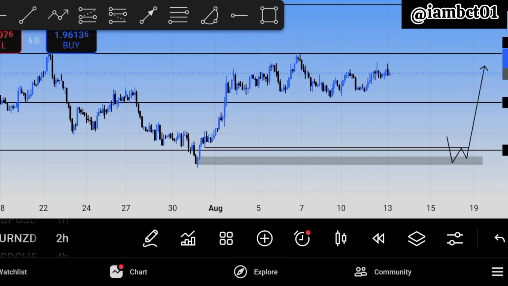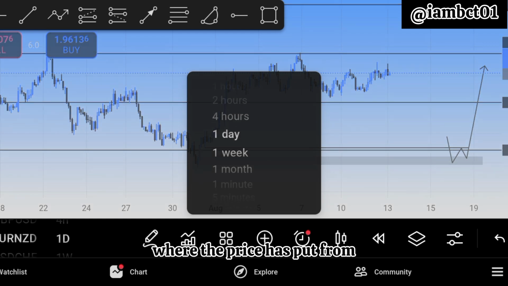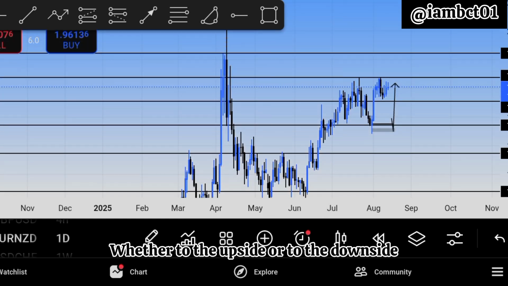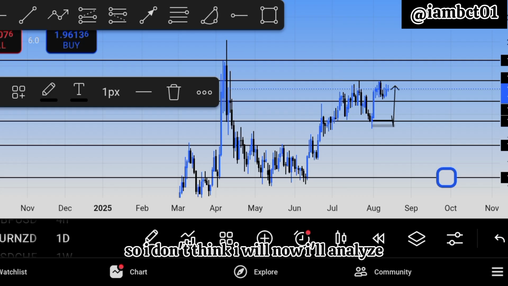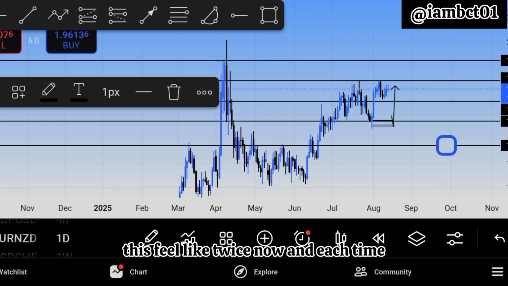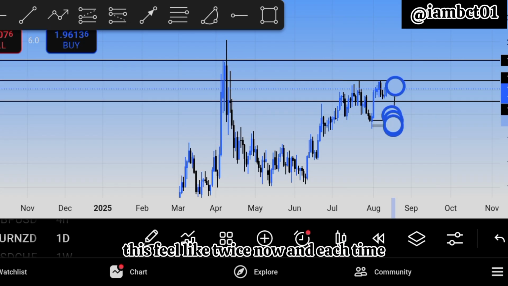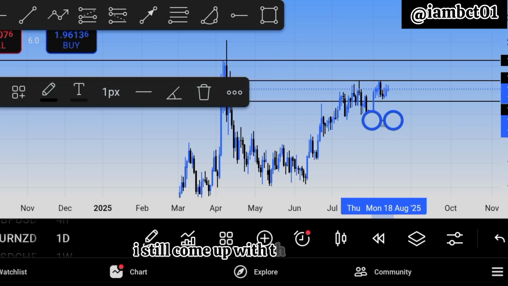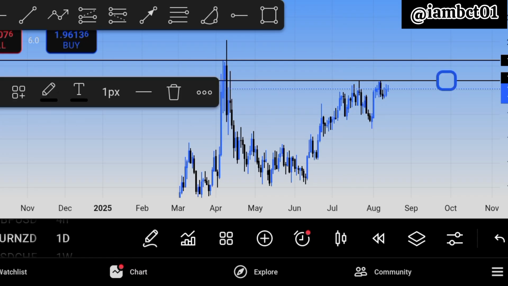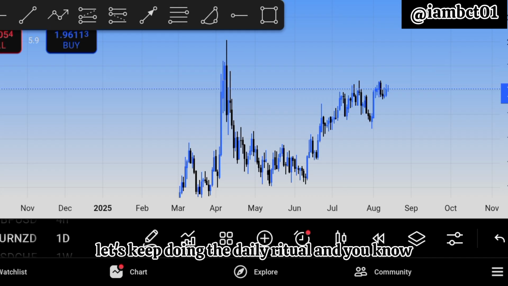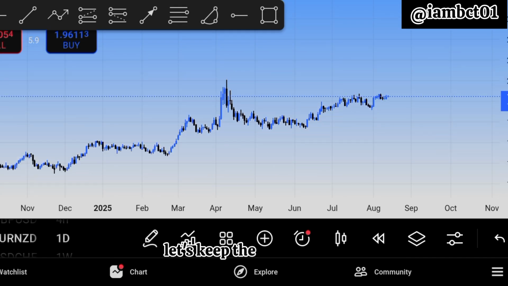So let's keep looking out for where the price is exposed from, whether to the upside or to the downside. I don't think I've analyzed this twice now, and each time I still come up with the same thing. So let's keep doing the daily ritual and let's keep the fire burning.